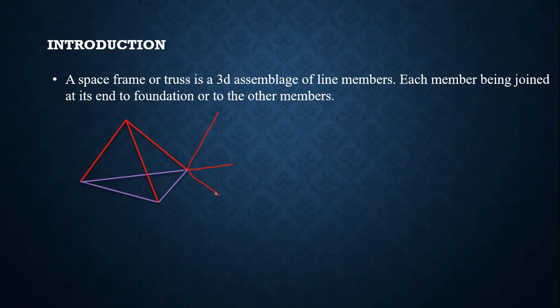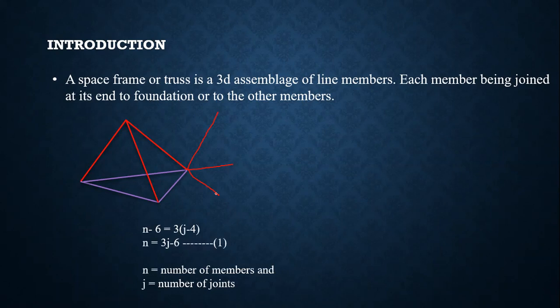The relationship between the number of members and the number of joints can be expressed by this equation: n minus 6 equal to 3j minus 4. 6 because we have 6 members and 4 because we have 4 joints. So concluding this, n equal to 3j minus 6. I think you all are familiar with this equation because we use it to find out the indeterminacy of structures.